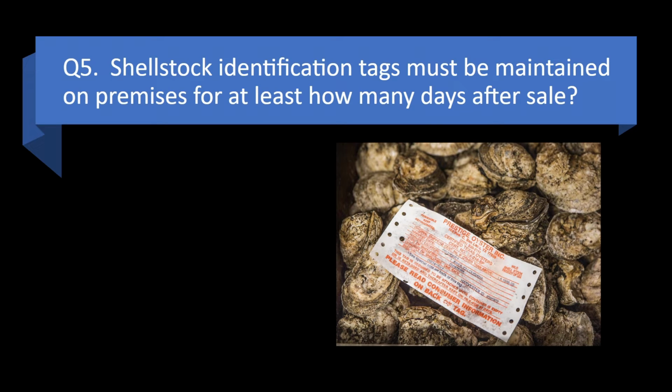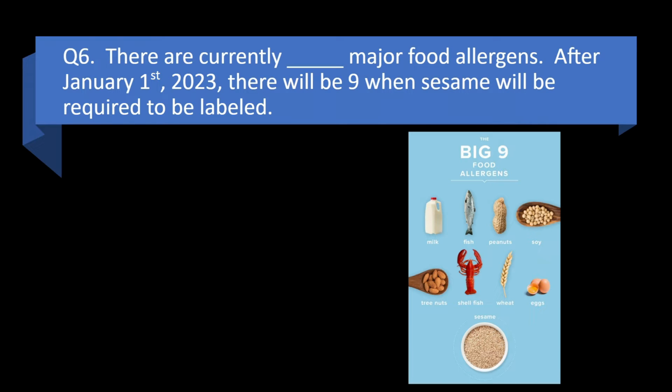Question 5. Shell stock identification tags must be maintained on premises for at least how many days after sale? 10 days, 30 days, 90 days, or 365 days. C. 90 days. Question 6.